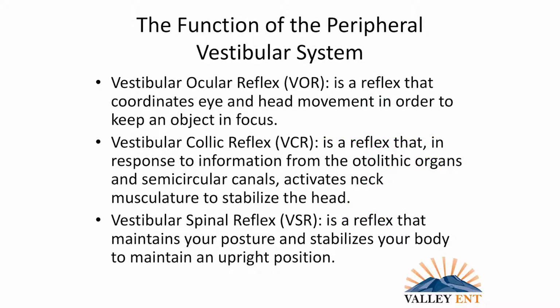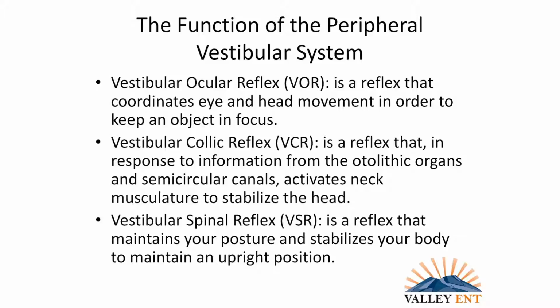When we talk about the peripheral vestibular system, there are 3 main reflexes. The vestibular ocular reflex coordinates eye and head movement in order for us to keep focus on an object while we're moving. The vestibulocollic reflex takes information from the otolithic organs, the utricle and saccule, as well as the semicircular canals, and activates the muscles in the neck to keep our head stable while we're moving.